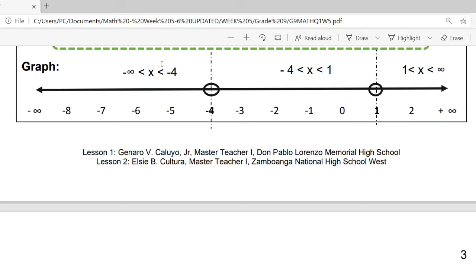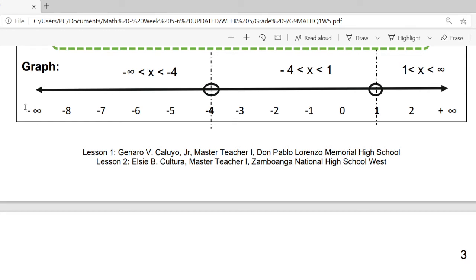But if you're going to make an interval, it should be like this. Any number from this side, any number x here, less than -4, but greater than -infinity.